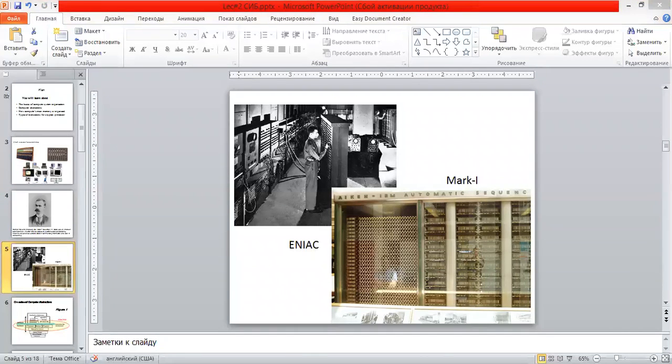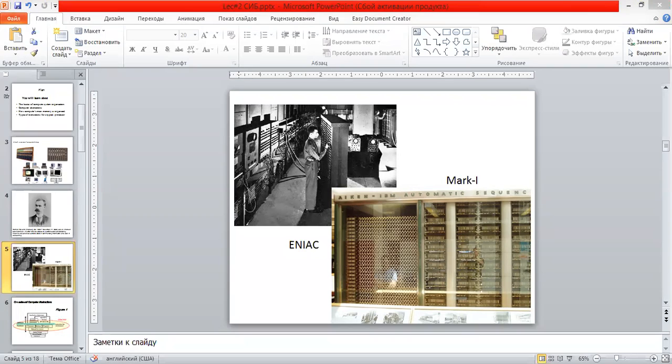ENIAC and the Mark I. The advent of World War II increased the demand for more accurate calculations. Rooms full of humans were employed in computing artillery trajectories, and the result was unacceptable error.